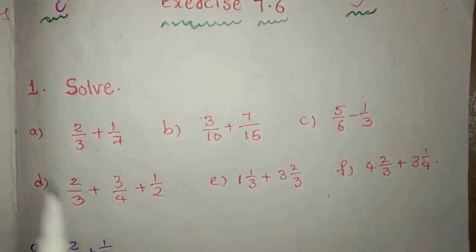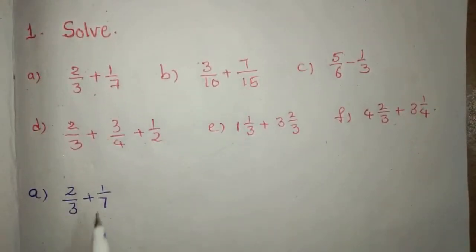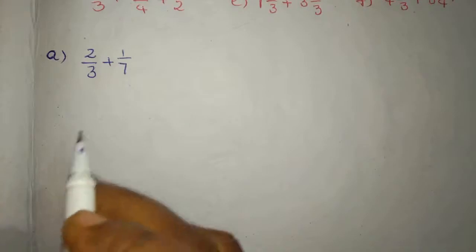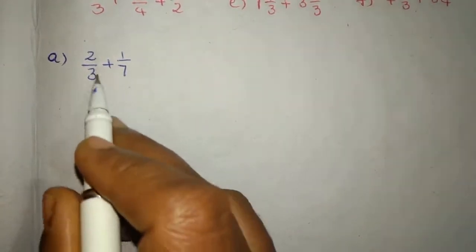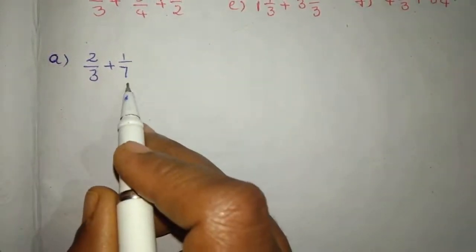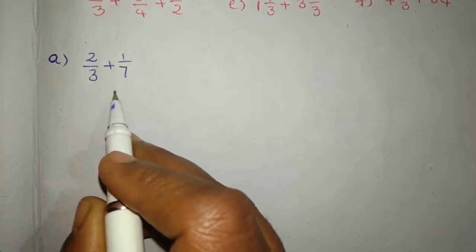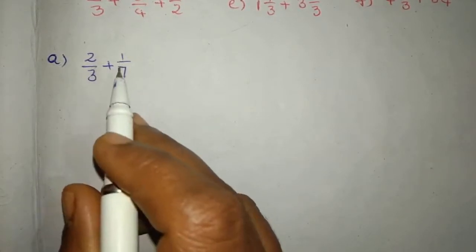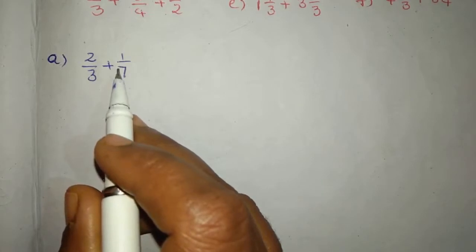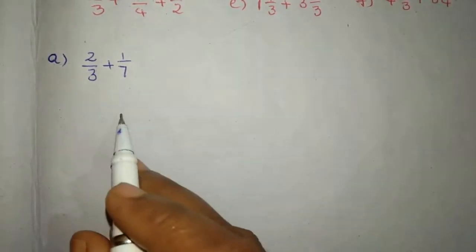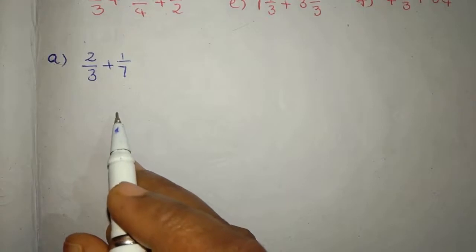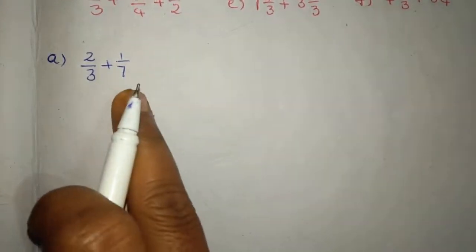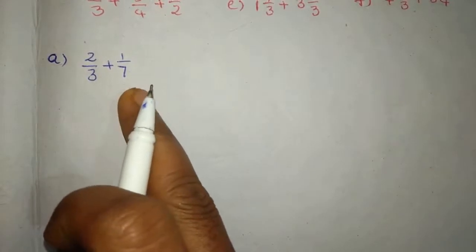Now let us see A, that is 2 by 3 plus 1 by 7. Here the denominators are not equal and the numerators are also not equal, which means they are unlike fractions. So we cannot add the numerators simply.